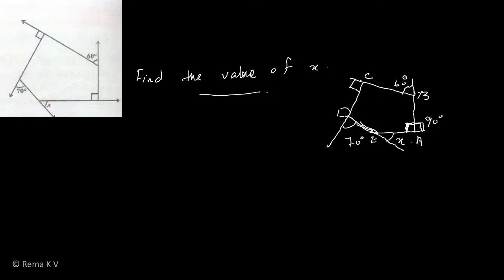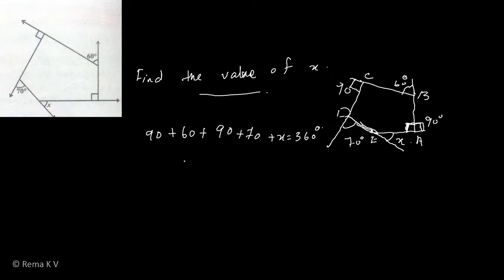Now all the remaining exterior angles are given here. The symbol is for 90 degree. So this is also equal to 90. From the figure, 90 plus 60 plus 90 plus 70 plus x is equal to 360 degree.